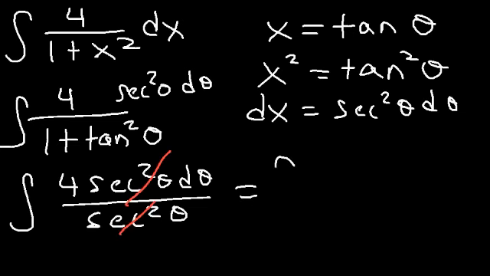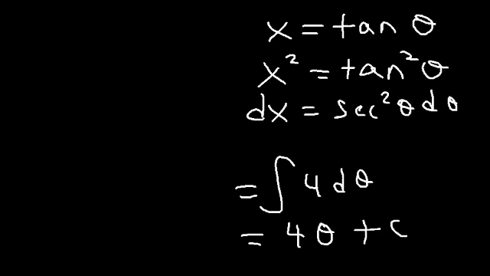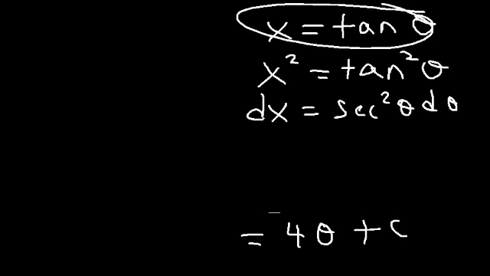So what we now have is the antiderivative of 4 d theta. The antiderivative of 4 dx is just 4x. So 4 d theta is simply 4 theta plus c. So now we need to replace theta with something in terms of x. If x is equal to tangent theta, then the inverse tangent of x is equal to theta.